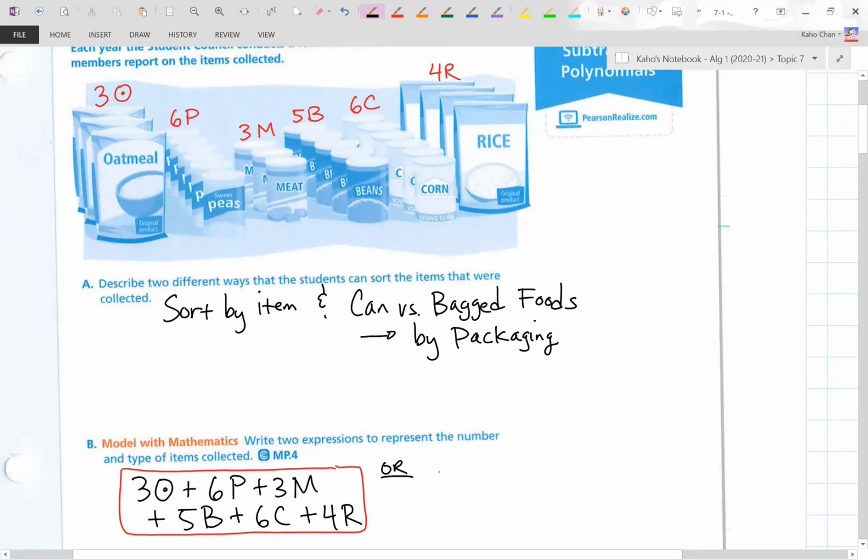Let's do this. Let's count all the things that are bags. Oh look, oatmeal and rice. There's 3 and 4. 3 plus 4, and that's bags, plus, let's count the cans: peas, meat, beans, corn, 6 plus 3 plus 5 plus 6 cans.